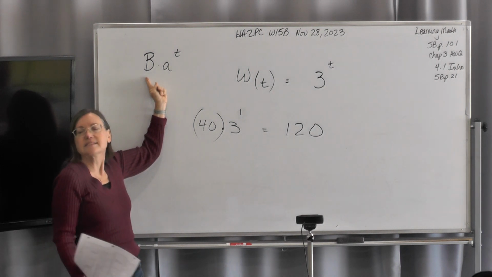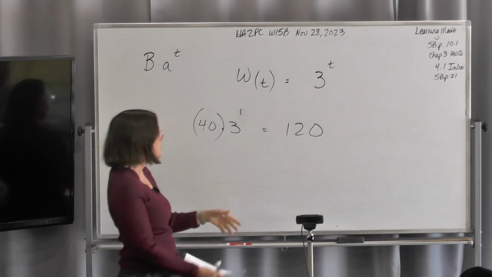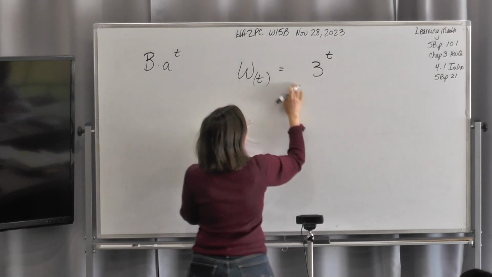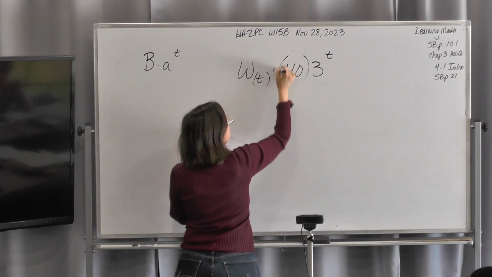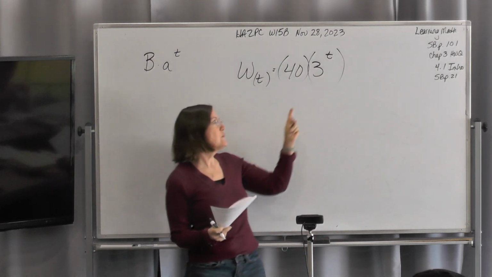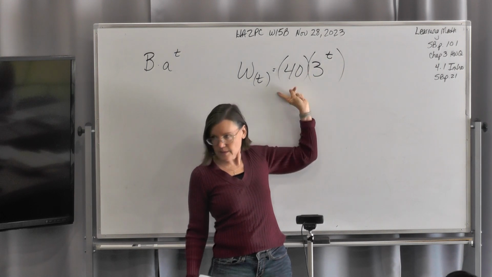I would think of it like a seed. What are you going to start your sample with? That's what we start with, okay? So I know that I have 3 to the t, and I started with 40. So that's my function, okay? Notice PEMDAS would say exponents first, then multiply.